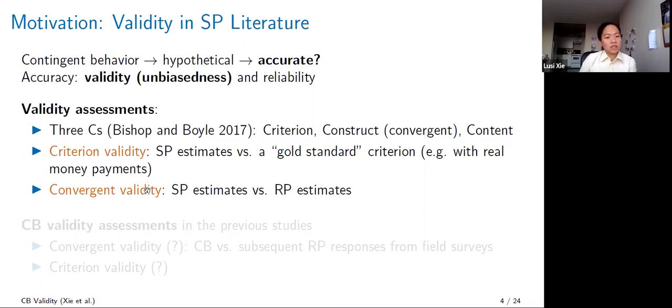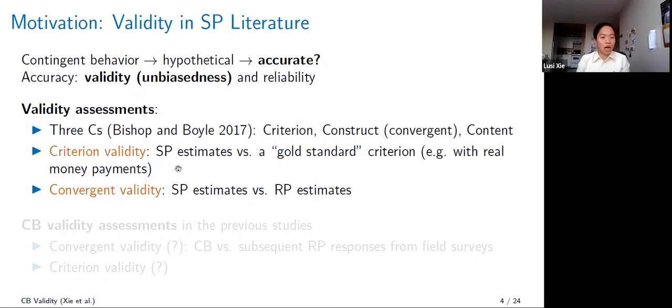The criterion validity is like an ideal validity assessment, comparing SP estimates with a gold standard criterion that usually includes real money payments. And because of this criterion, it usually requires additional data sources rather than the stated preference surveys.